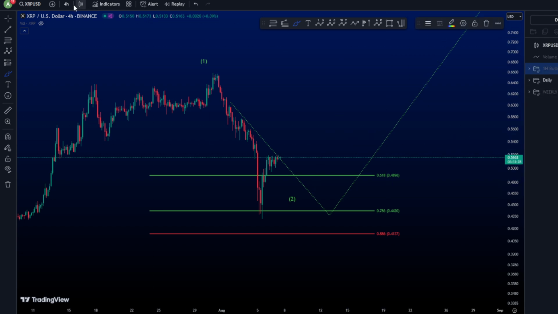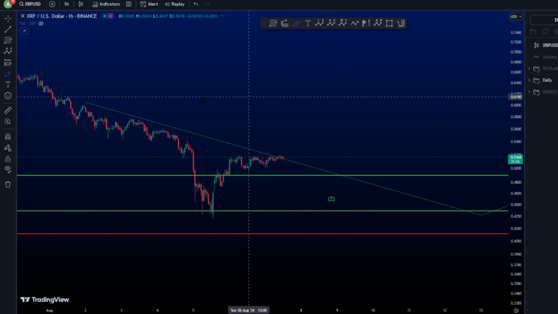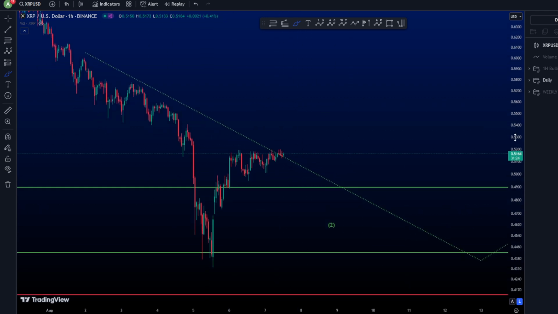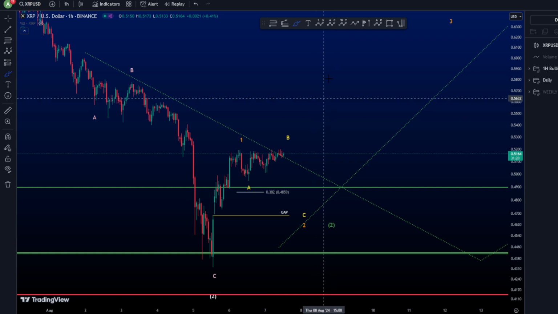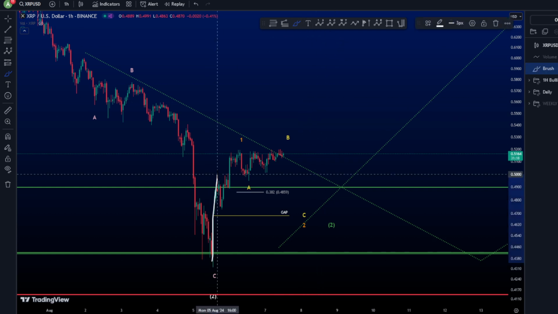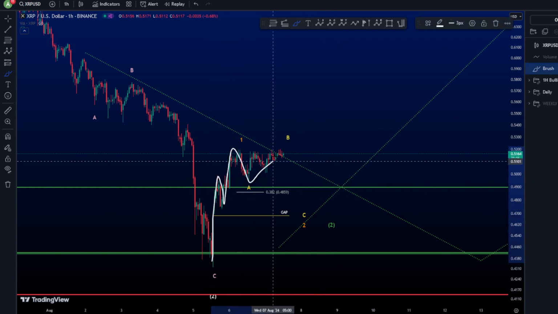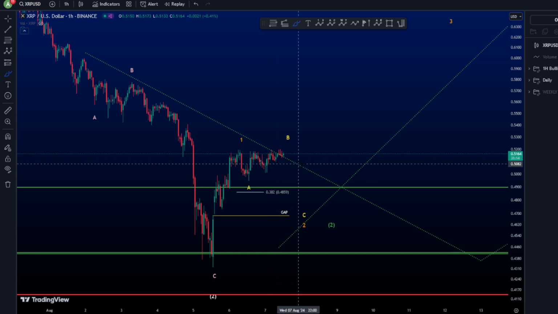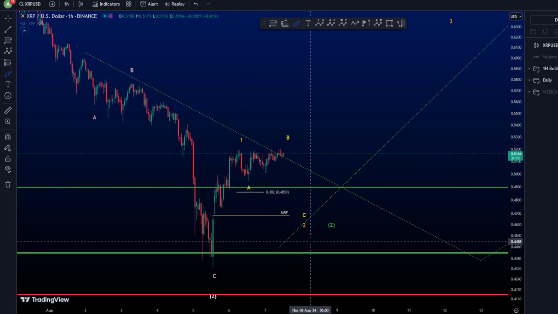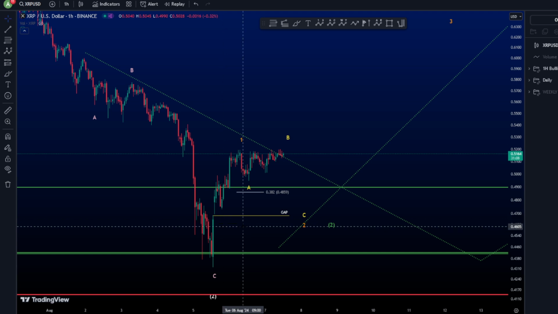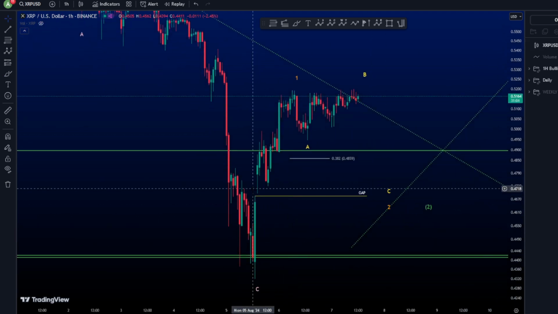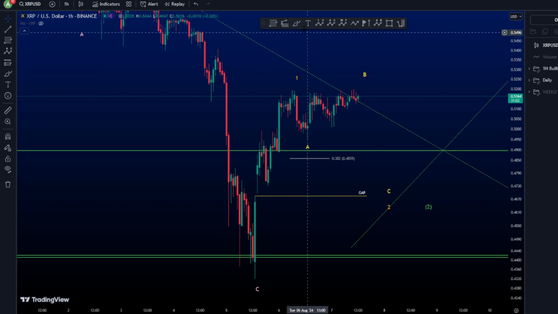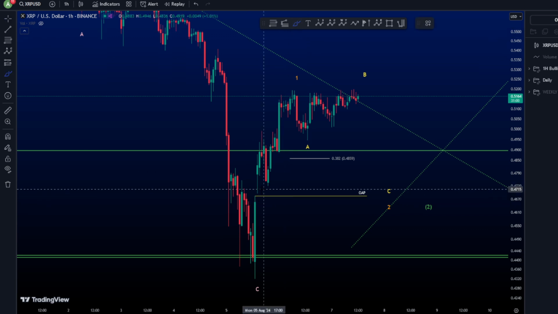Therefore, now if we move to the 1 hour, much more precise inside this wave, we can see that we have 1, 2, 3, 4, and 5, but now where is the wave 2? So also a beautiful indicator here, we can see a gap forming inside the XRP on the 1 hour.